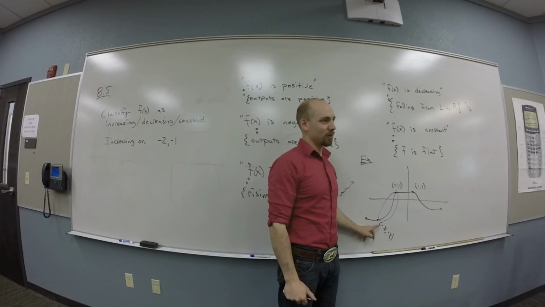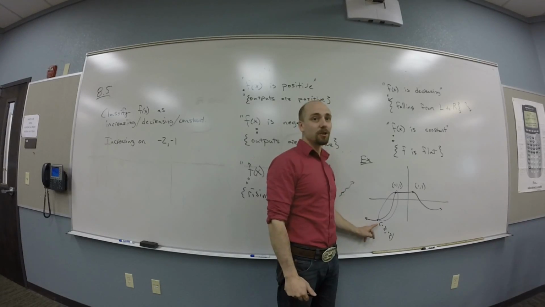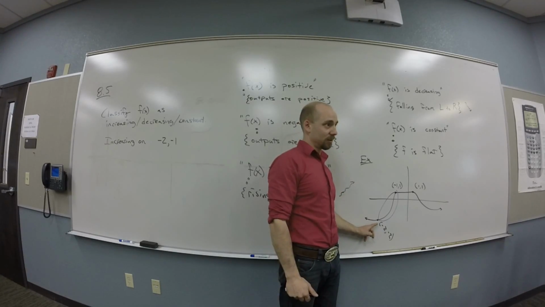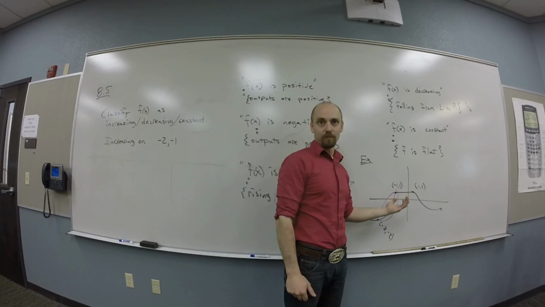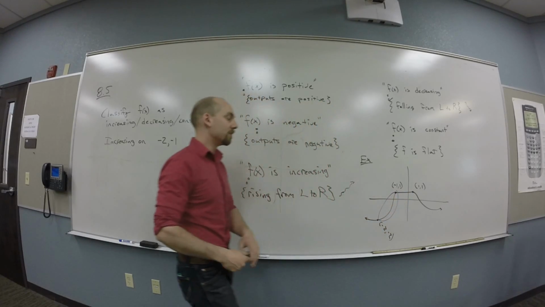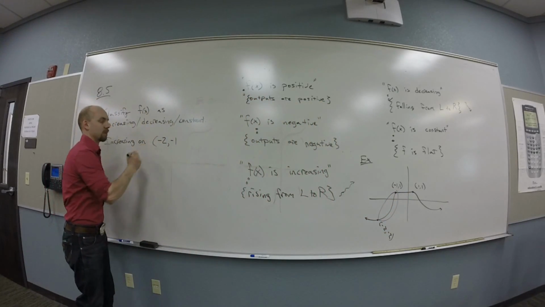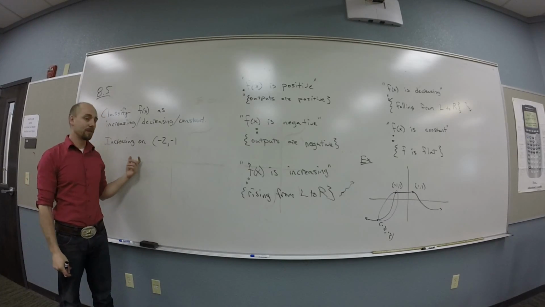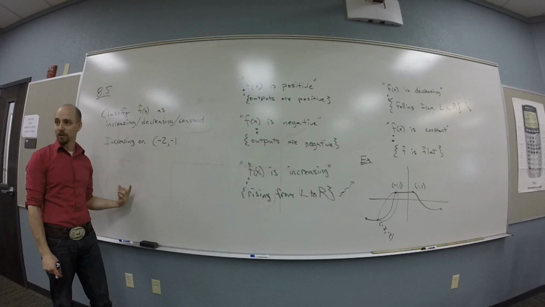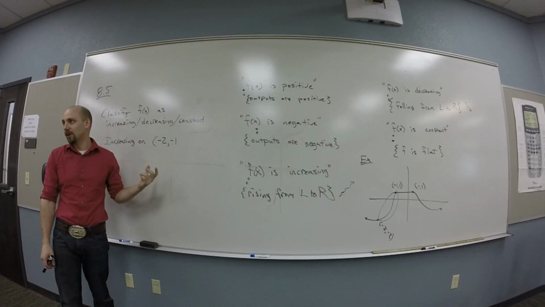So this is kind of ambiguous, right? Really, that's a point where it's neither increasing nor decreasing. Because as I come into it, it's decreasing. As I go out, it's increasing. So I'm going to leave that as an open bracket. And really, you could just remember that the brackets on increasing, decreasing, and constant are going to be open.